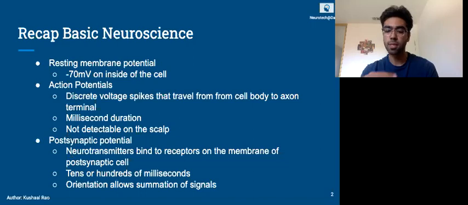And then once that chain has been initiated and completed, between two neurons, you have a presynaptic neuron and a postsynaptic neuron, and in the middle, you have that synapse. And so when a neurotransmitter gets released in that intermediate space and then binds to the other neuron, that's called a postsynaptic potential. And those, compared to action potentials, last for tens or hundreds of milliseconds.